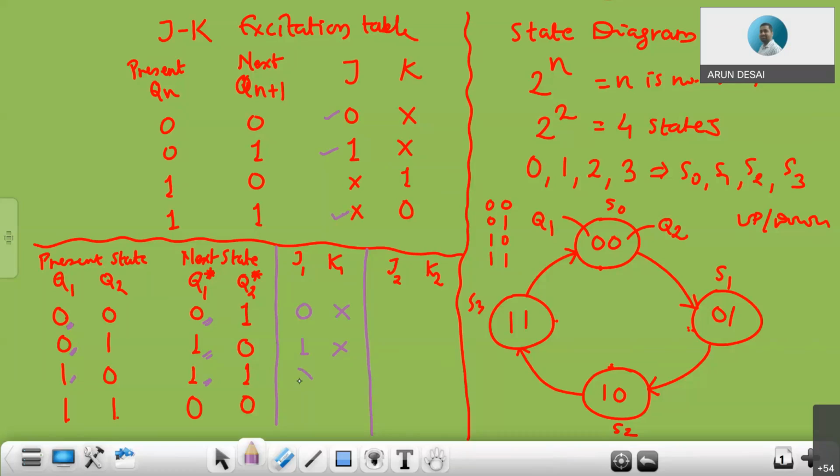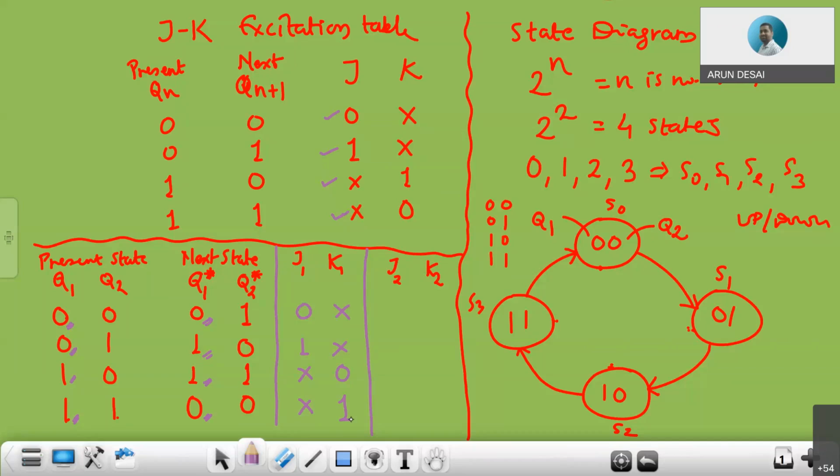Inputs are don't care, 0, right? Now my current output would be 1 and next output would be 0. Then what is there in the circuit excitation? Don't care, 1, right? This is basically how we need to write inputs for circuit excitation.